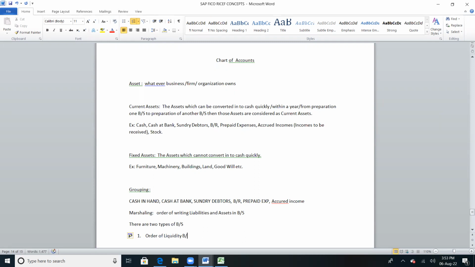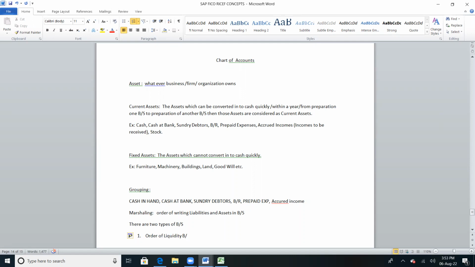Can you repeat marshalling? Marshalling is nothing but the order of writing liabilities and assets in the balance sheet. Whatever items are there, we need to write in a specific order. First item first, after this, after that. So we need to write in a particular order. Clear? That order is considered marshalling in the balance sheet.